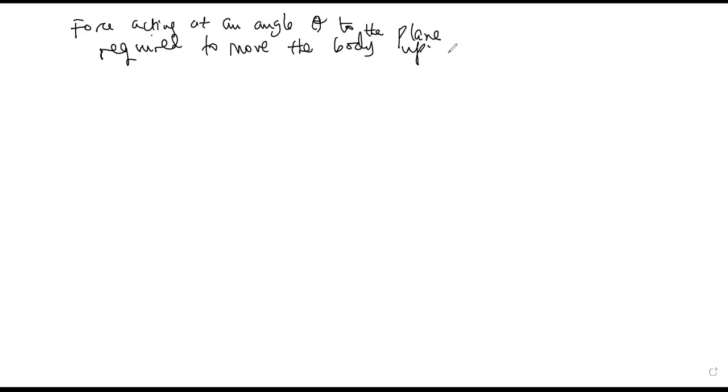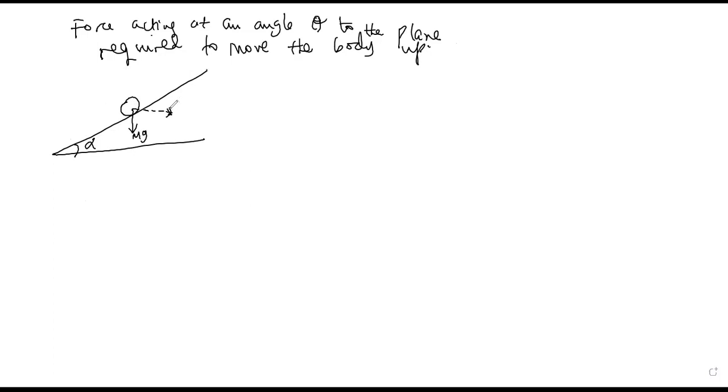So now, the moment we are looking at this, we have to first sketch. Without a sketch, there is nothing. So if the angle of inclination is alpha, then here is the body of weight mg.